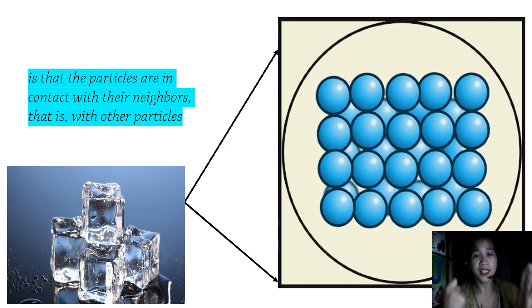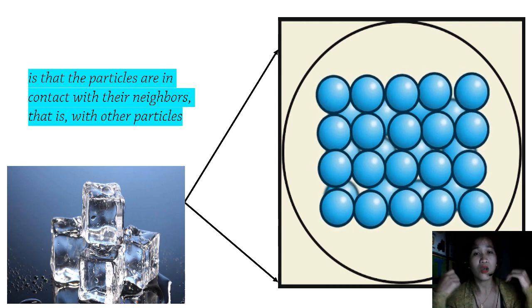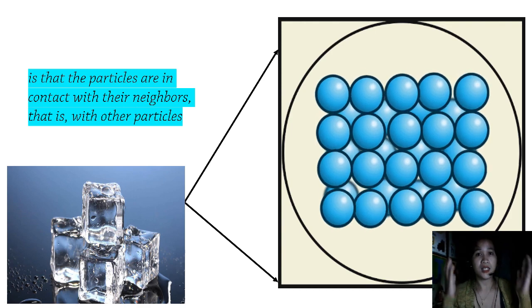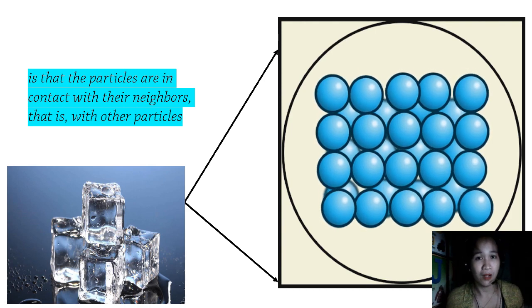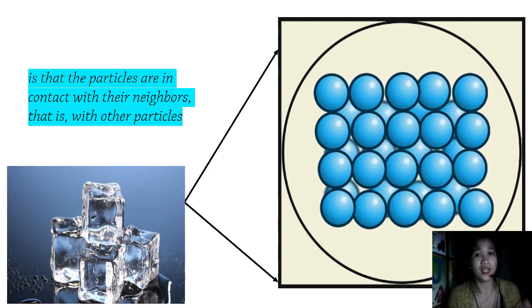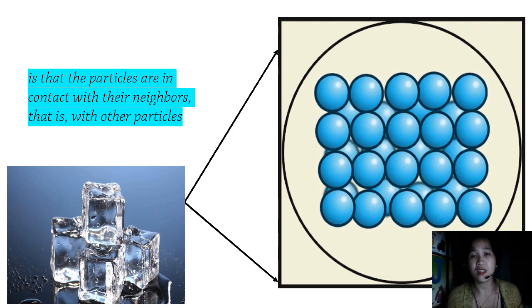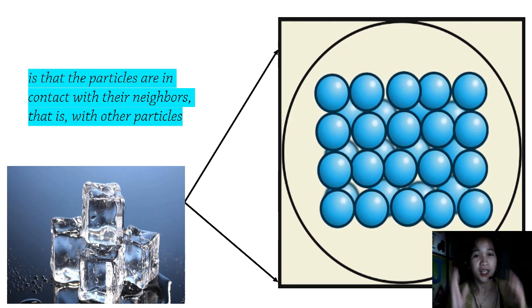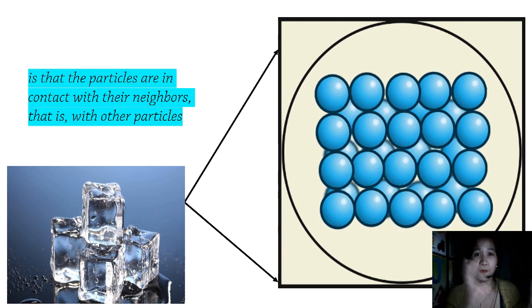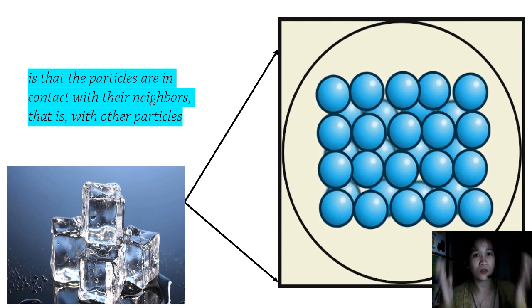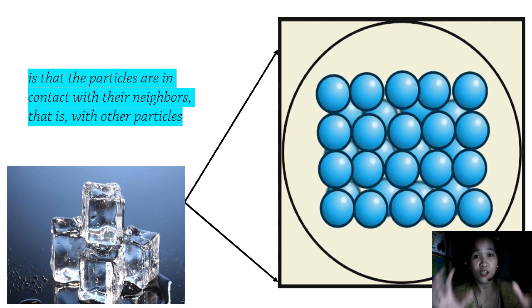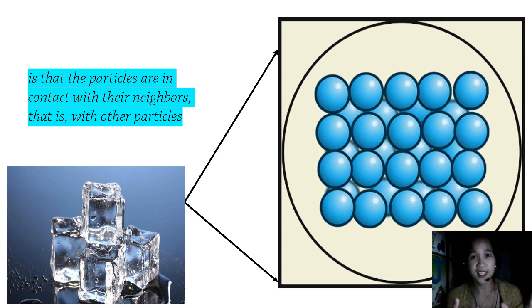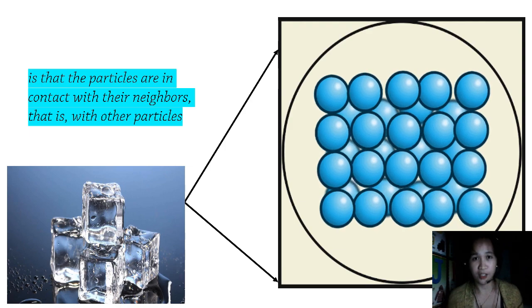This is the reason why, because liquid is incompressible, and this commonality between solids and liquids distinguishes them from gases. So take note, gases are compressible while solids and liquids are incompressible because of the distances of their particles.